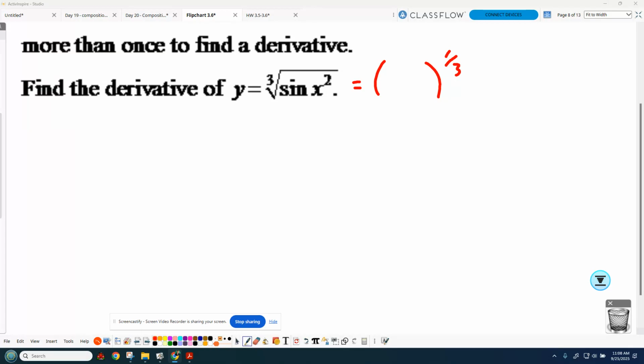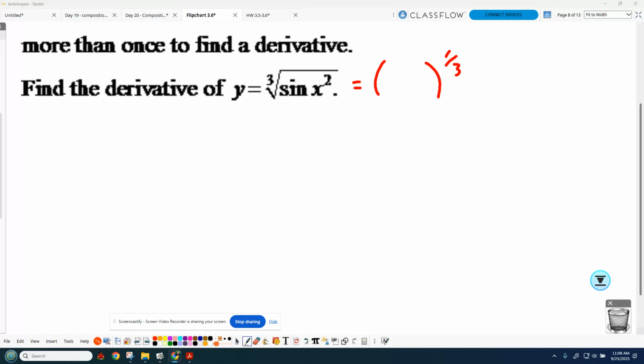Felipe, what's the outermost derivative? 1/3, to the -2. Okay, so derivative of the outside, leave the inside alone. Power.